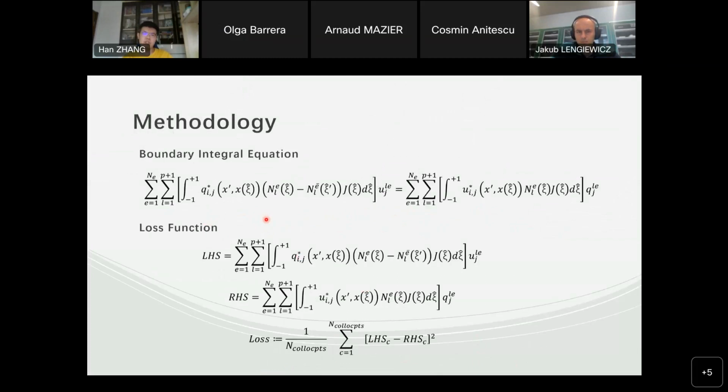Since for both Dirichlet condition and Neumann condition, we will know either the value of the left-hand side or right-hand side of the boundary integral equation. For Dirichlet, we will know the value of the left-hand side, and for Neumann, the right-hand side. So we can let the neural network approximate the value of the unknown part. And with multiple collocation points and mean square error method, we could define our loss function in this form.